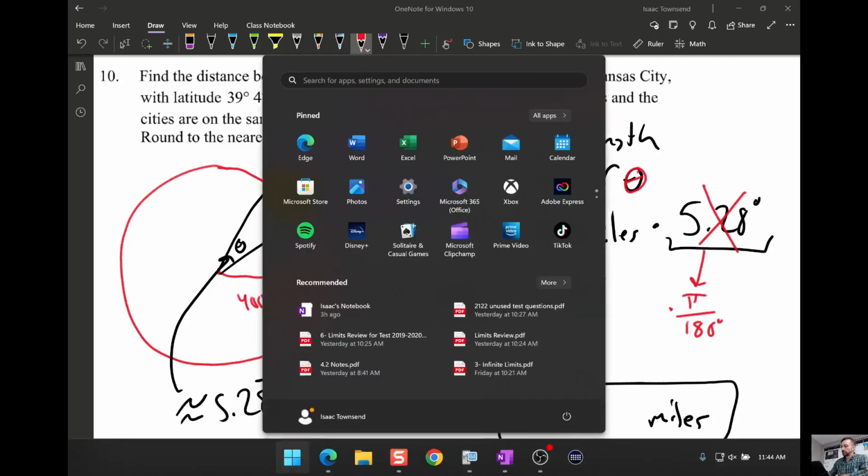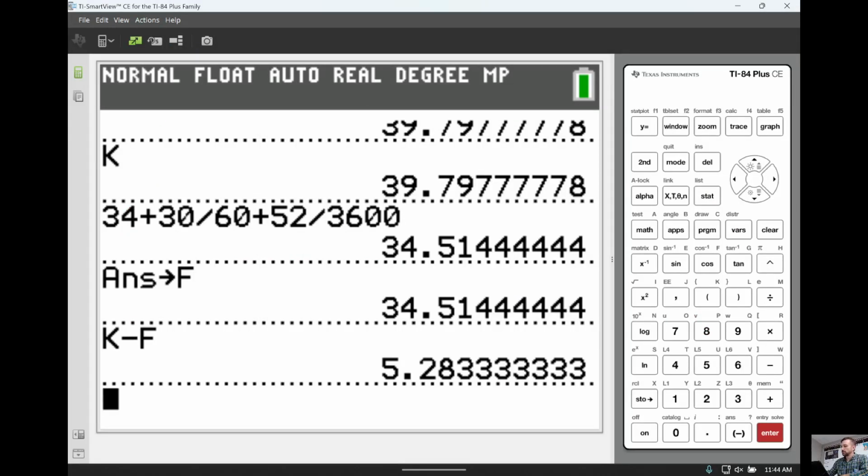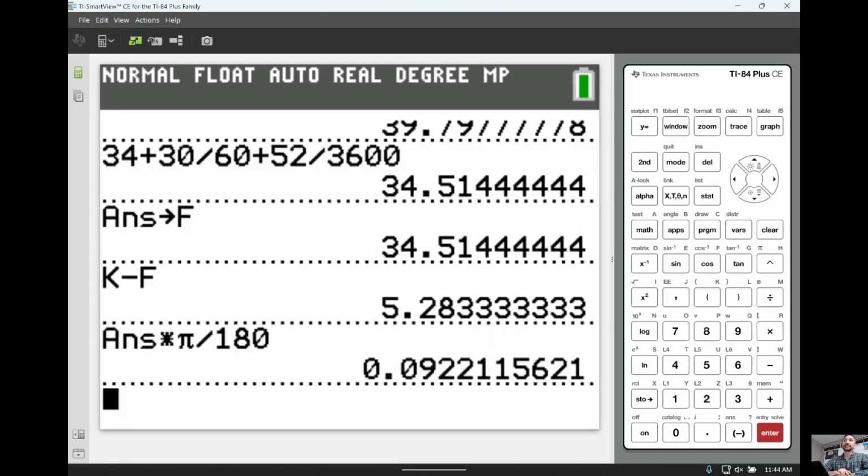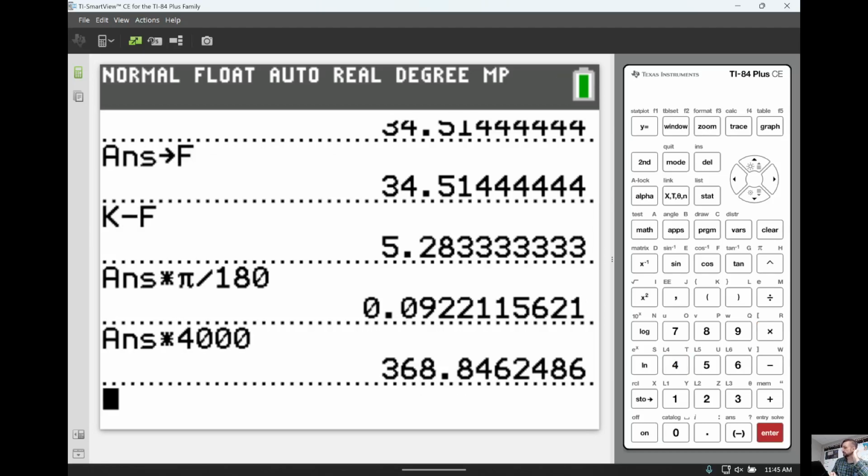And so I'm going to multiply that by pi over 180. So that's the exact number of radians. It's not rounded anything yet. And if I take that central angle in radians, multiply it by the radius, then I have determined the arc length is, to the nearest mile, 369 miles.